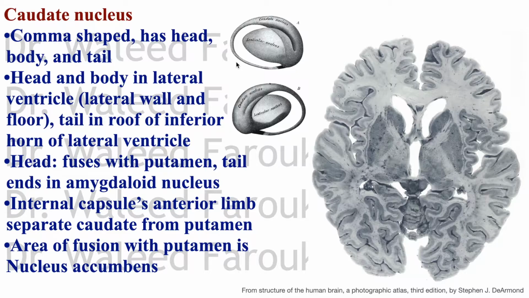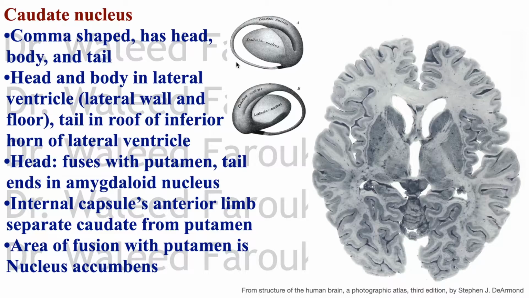They form the lateral wall and the floor of the lateral ventricle, and the tail is in the roof of the inferior horn of the lateral ventricle, in the temporal lobe, I mean. The tail goes to the amygdala, at the end of the inferior horn of the lateral ventricle.